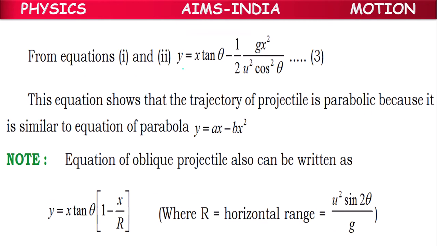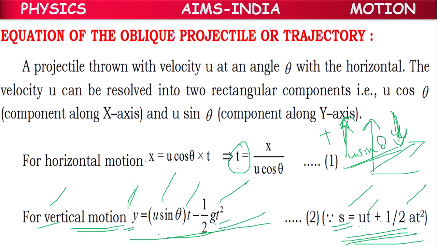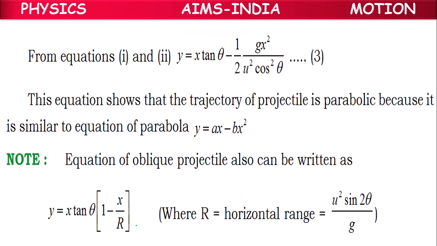So y equal to u sin theta t minus half g t square.